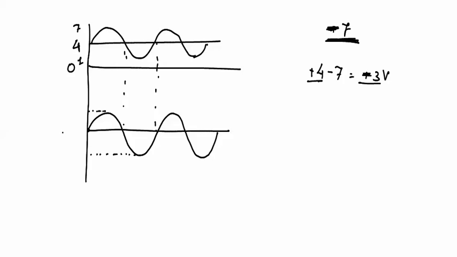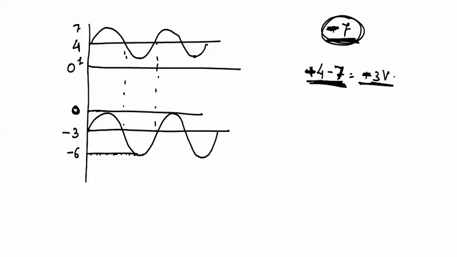So the waveform will be drawn here. It will have its positive peak at 0 and negative peak at minus 6 and DC level at minus 3 volt, because earlier the DC level was plus 4 volt and this clamper circuit shifts its DC level by minus 7 volt. So the resultant DC level is minus 3 volt.